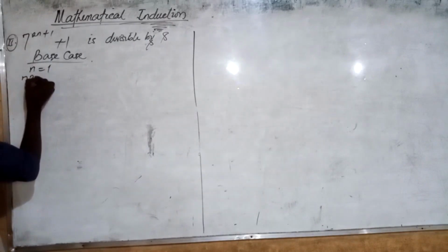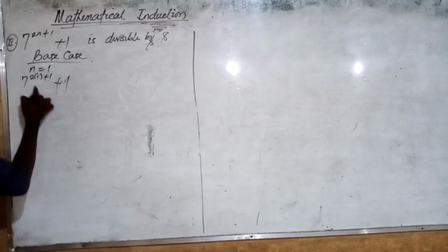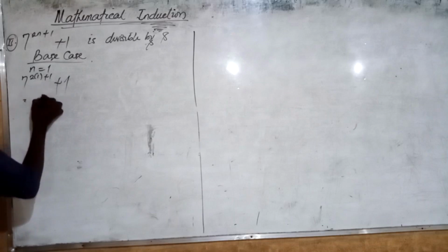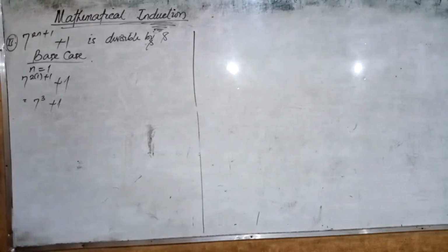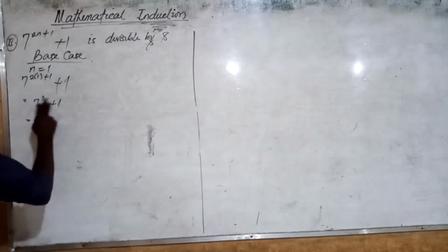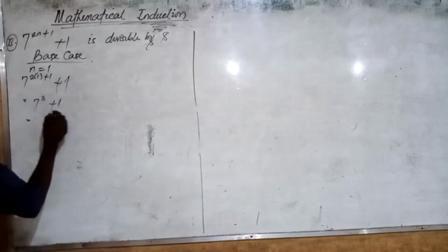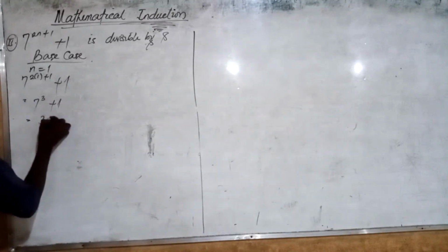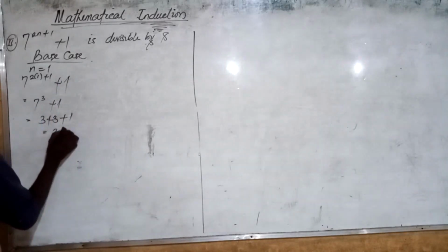If we take that into the equation, we have 7 raised to the power 2 into bracket 1 plus 1, all plus 1. So we have 2 by 1, 2, plus 1, that is 3, then plus 1. This becomes 7 raised to the power 3, that's 343, plus 1, which becomes 344.